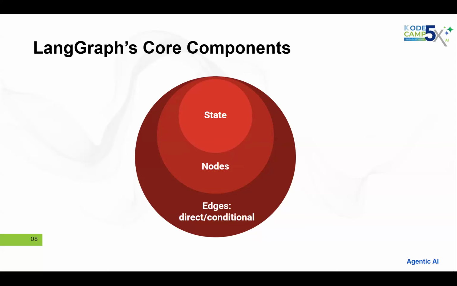And then edges are the connections, the paths between nodes, and they can be either direct or conditional. So a LangGraph agent comprises nodes and edges connecting those nodes. And these nodes have access to the state. They can read the state, and they can also update the state.